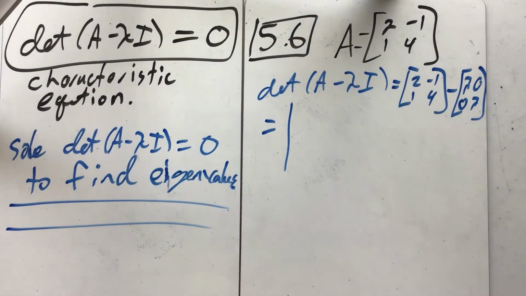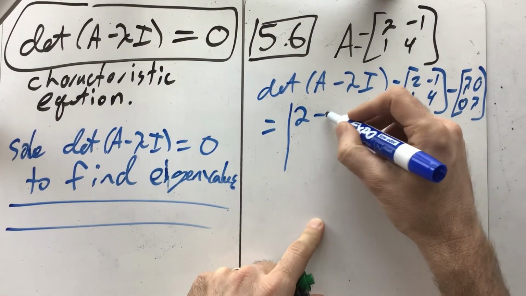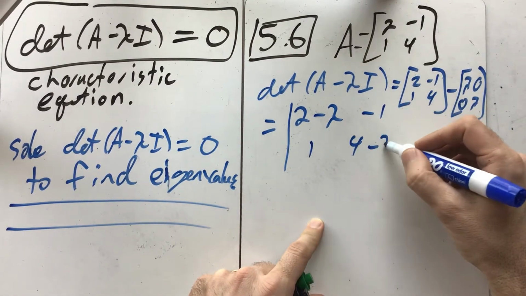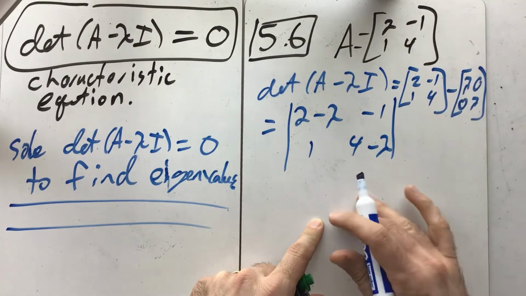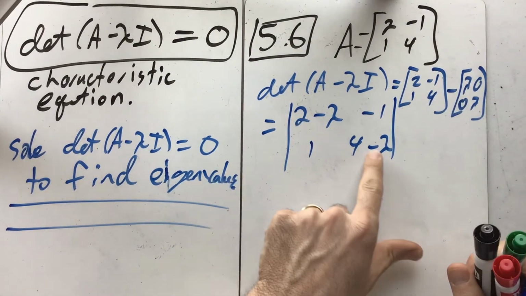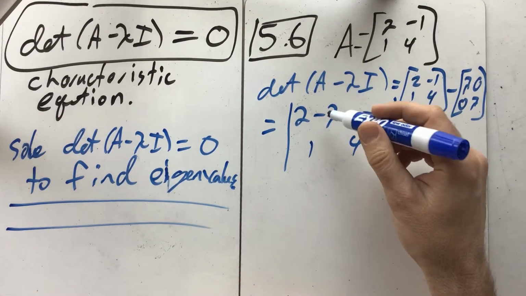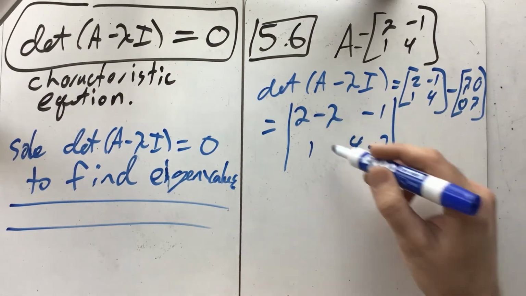And what you'll find is that writing down this step becomes a little unnecessary because each time it's just 2 minus lambda, -1, 1, and 4 minus lambda. You just do minus lambdas across the diagonal and every other number stays the exact same, because that's what it means to subtract lambda I from it. Okay, well that's good. Now we can do this determinant pretty easily.